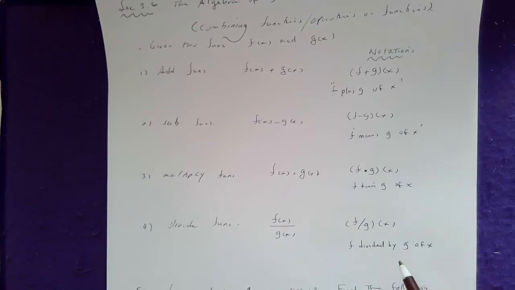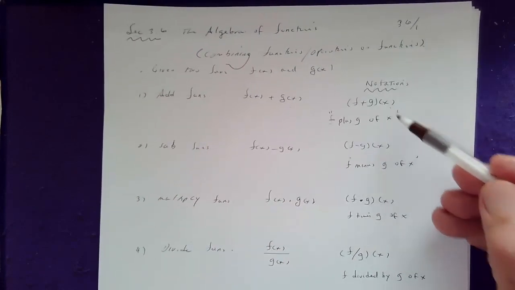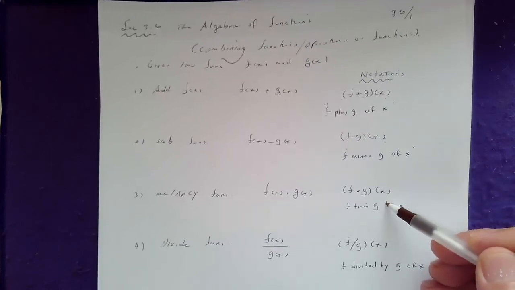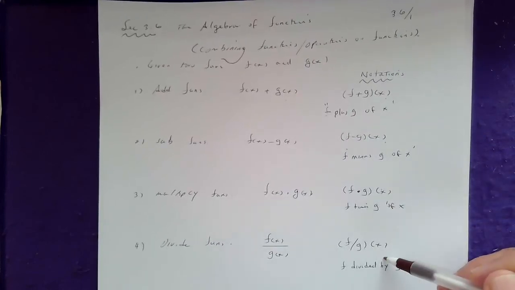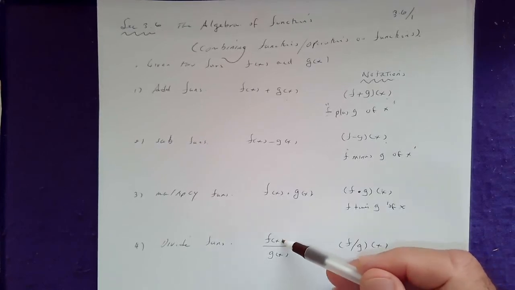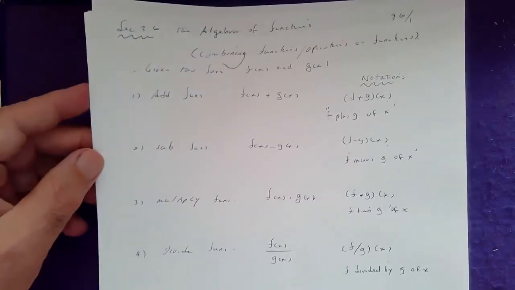So these are the notations for addition, subtraction, multiplication, and division of two functions. Notice division is shown by a fraction. F of x goes on top, g of x goes at the bottom, and then you box your answer.